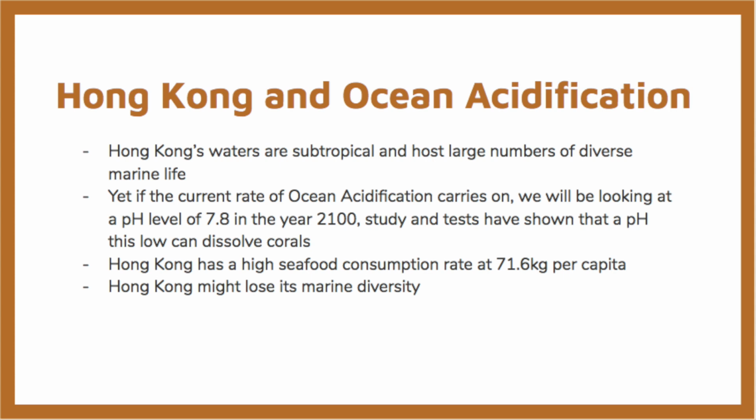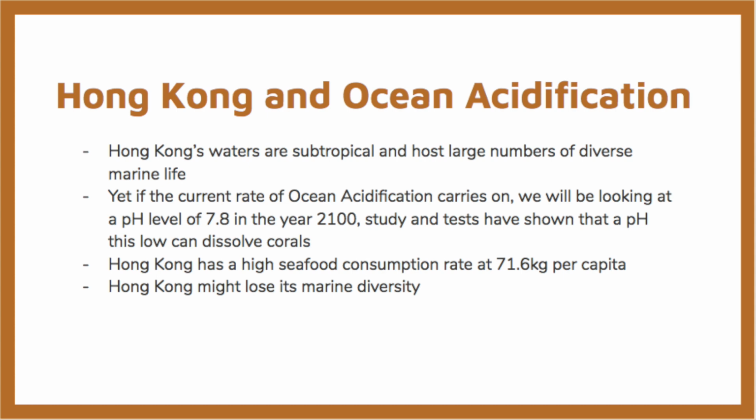Yet if the current rate of ocean acidification carries on at such a pace, in the year 2100, the ocean will eventually only have a pH level of 7.8, and at such low pH levels, coral reefs will dissolve and fall apart, meaning that the ocean reefs in Hong Kong are being seriously endangered.